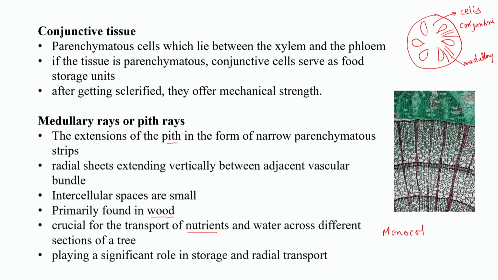Now, these are the parts of the ground tissue found in a plant, but it is not that every type of tissue is present in everything. In monocot, it is very important to remember, and we will discuss it also, that the ground tissue is not differentiated into cortex, pith, medullary rays, pericycle, then endodermis. In monocot stem, the ground tissue is not differentiated into all those parts.